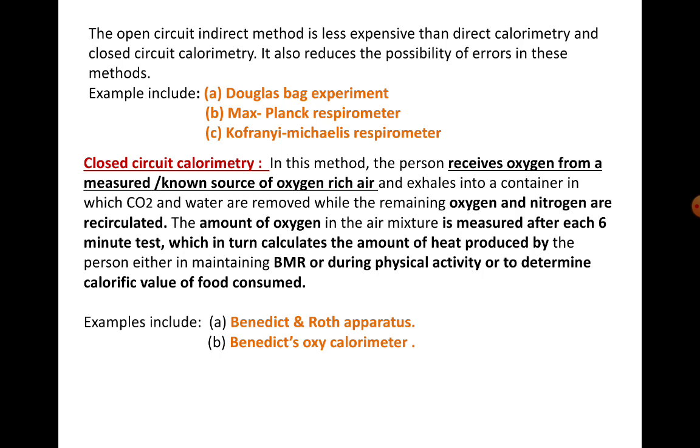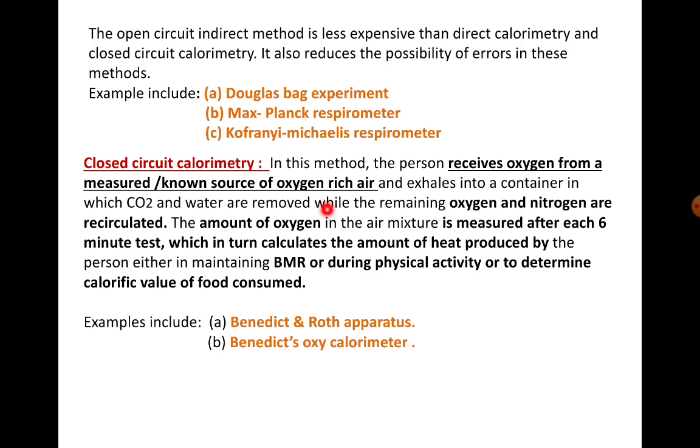But here in closed circuit, he is not allowed to breathe the normal atmospheric air; oxygen would be provided in a container or a cylinder from which he has to breathe. And the carbon dioxide and water that are expelled would be removed or absorbed by containers having soda lime and sulfuric acid. Soda lime generally absorbs the carbon dioxide and water is absorbed by sulfuric acid.